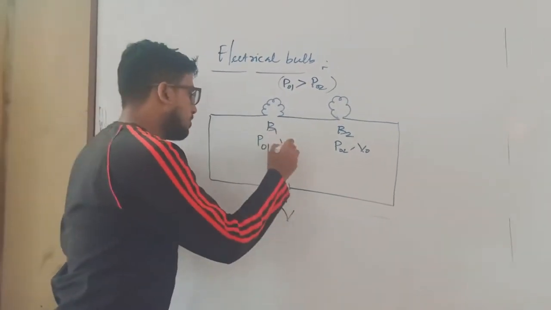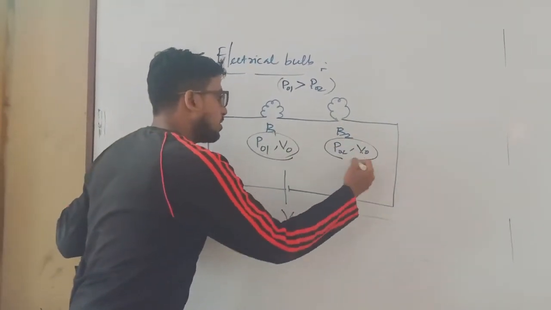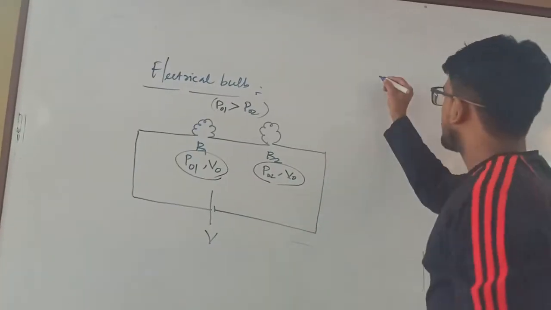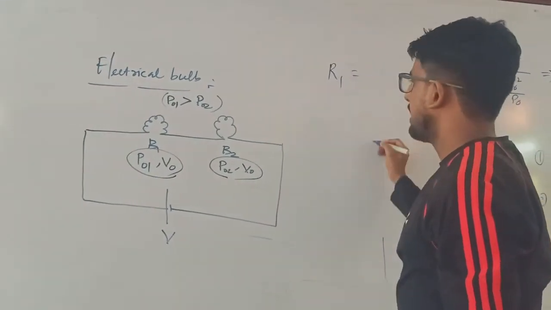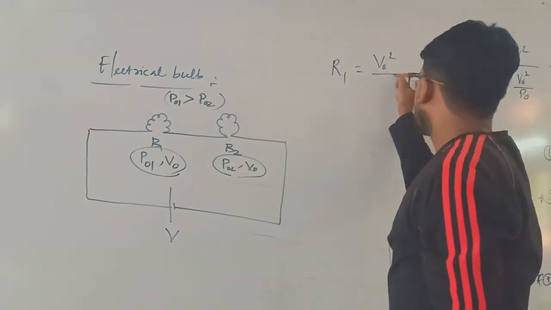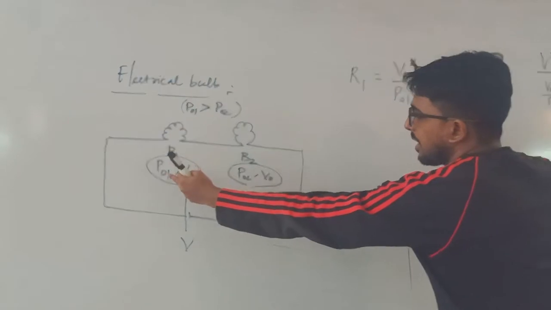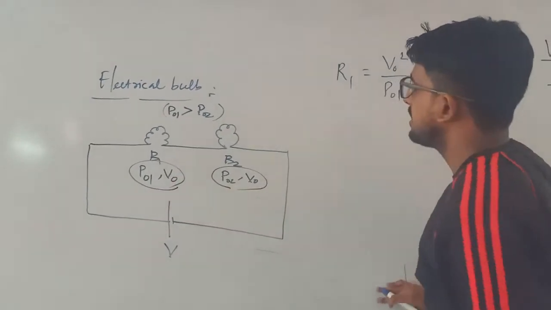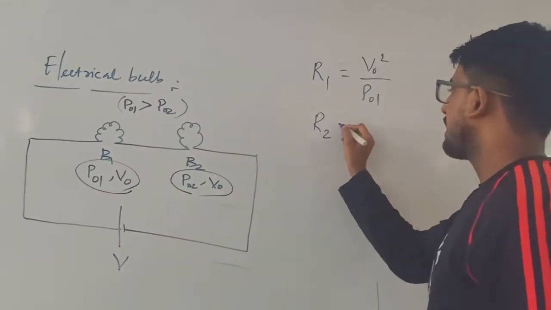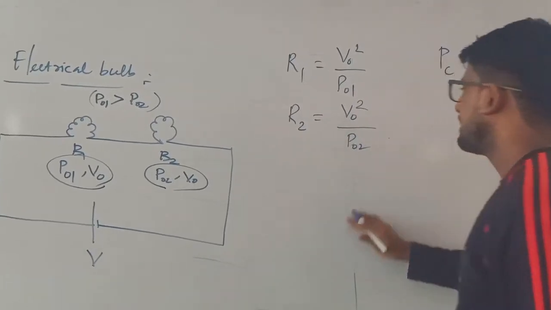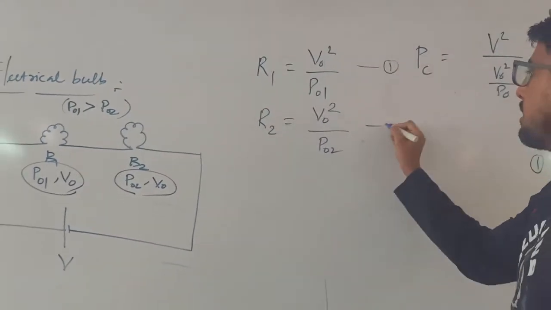Okay, so from the given data we can calculate the resistance of both the bulbs. As we already discussed, the resistance of bulb 1, R1, can be written as V0 square by P01, as the voltage rating is V0 and the power rating is P01. Similarly, the resistance R2 can be written as V0 square by P02.